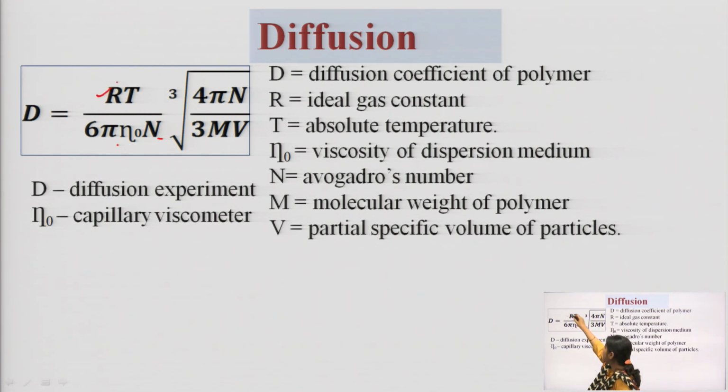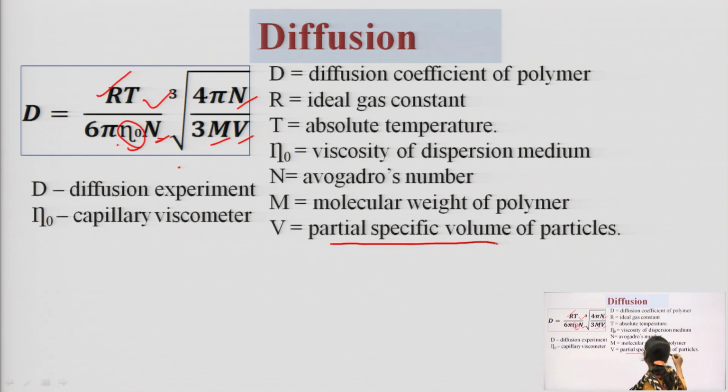Here R is the gas constant, T is the absolute temperature, 6 pi is a constant, eta is the viscosity, N is Avogadro's number, M is the molecular weight, and v is the partial specific volume of the particle.